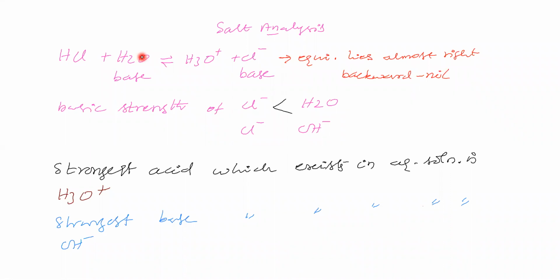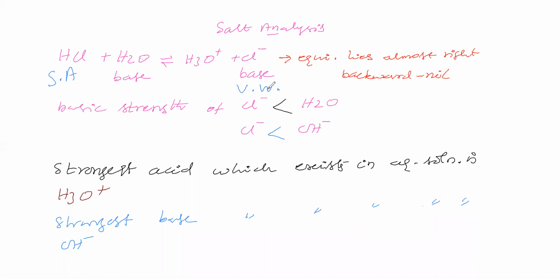Comparing Cl minus and OH minus, Cl minus is smaller. So if the basic strength of a given species is less than water as well as less than OH minus, then that base is called a very weak base. So HCl is a strong acid. Its conjugate is a very weak base.